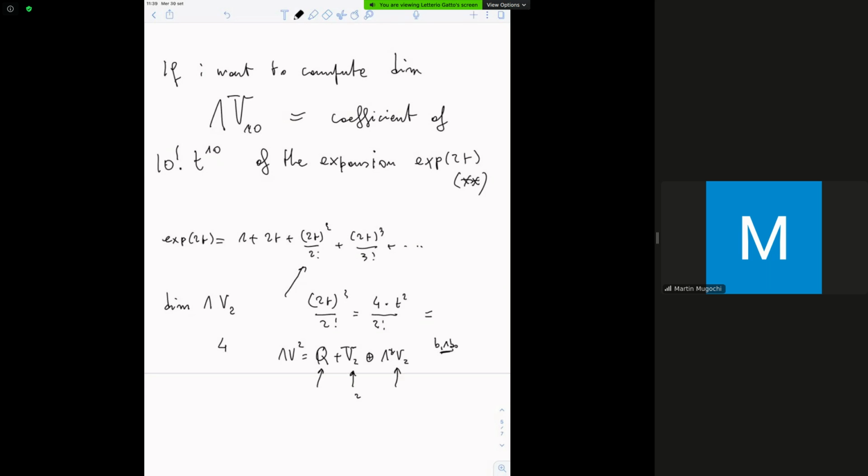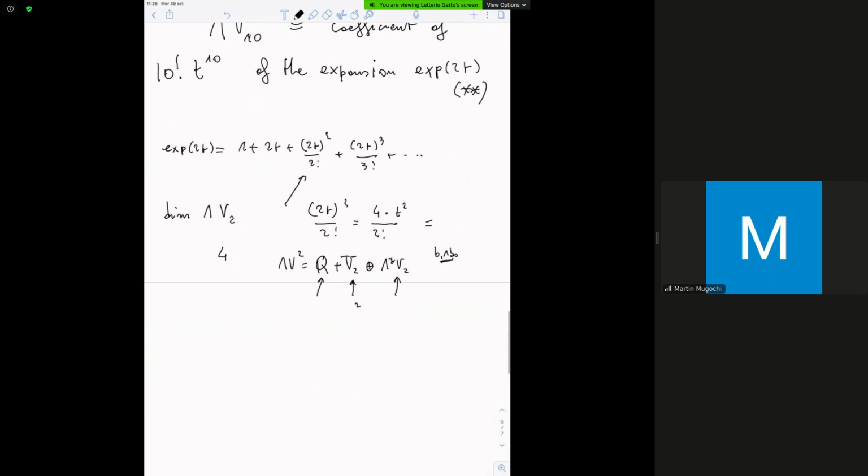So that exponential of 2t encodes all the possible dimensions of all the exterior algebras. This is one of the easiest examples of generating functions. We will see more.